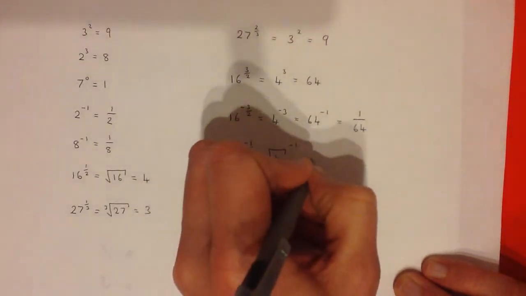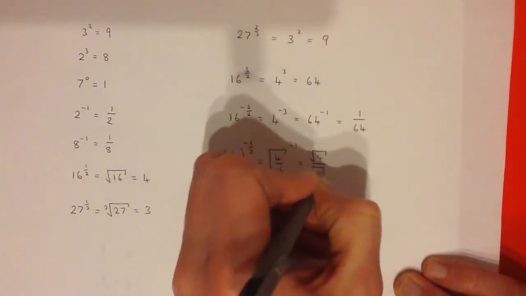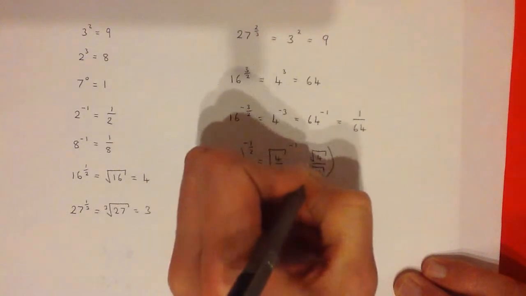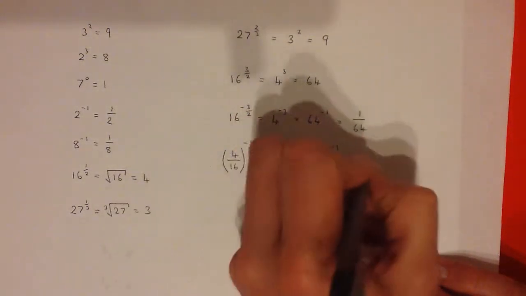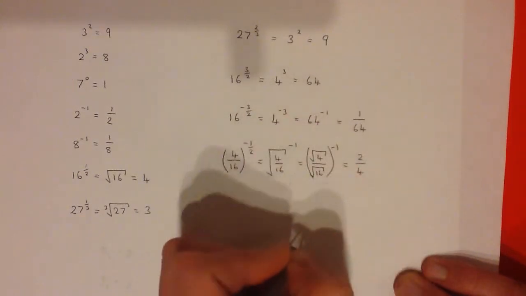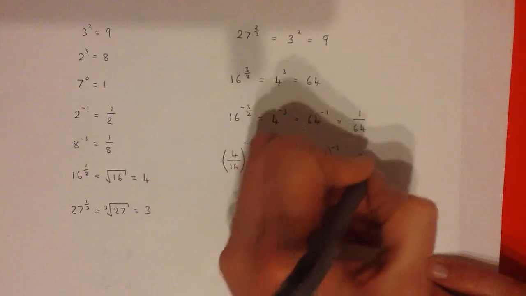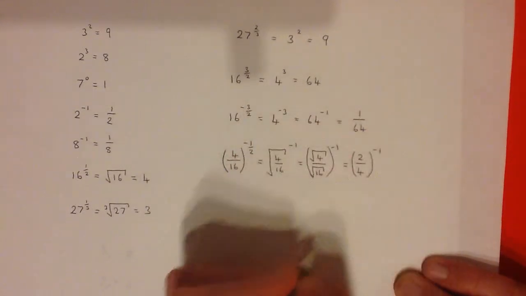Remember from our work on surds, that can be written as square root of 4 over the square root of 16. Remember again, this is all to the power of -1. Square root of 4 is 2. Square root of 16 is 4. All to the power of -1.